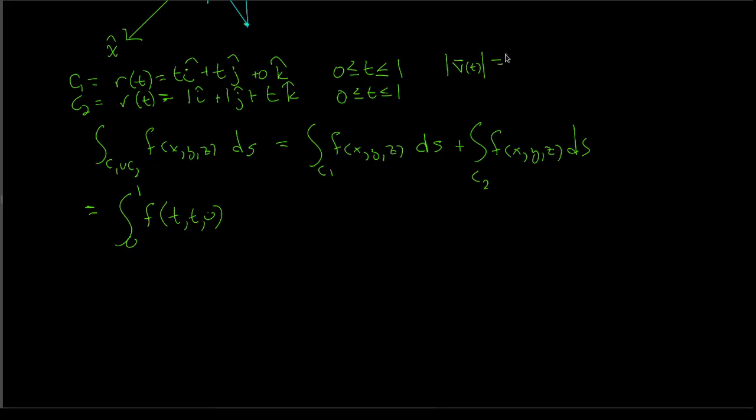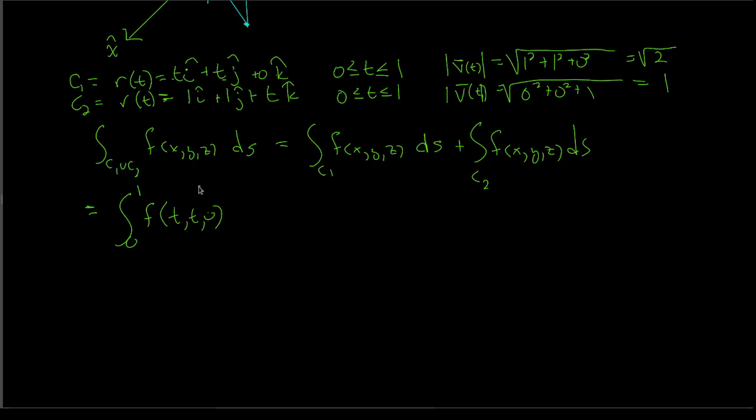So that norm is going to be the square root. What do we have? 1, 1, and 0. So 1 squared plus 1 squared plus 0 squared, or root 2. And here it's going to be 0, 0, and 1. And so we have our norm.